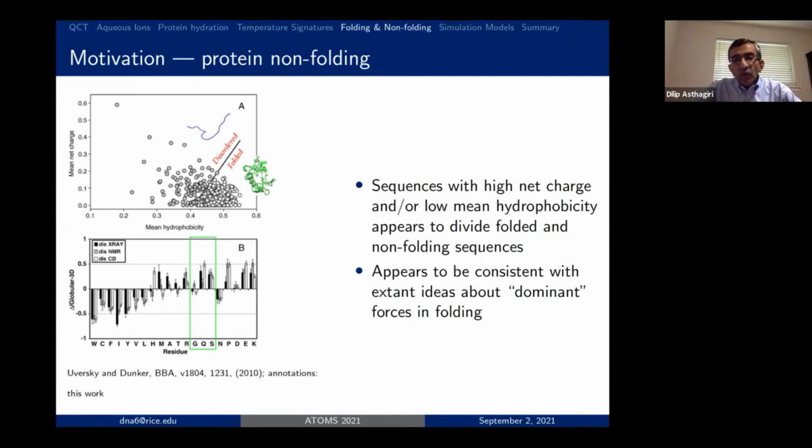What Uversky and Dunker showed, and all this argument is based on the standard picture going back to Kauzmann on dominant forces in hydration and protein solution thermodynamics, is the typical way to see this: mean charge versus mean hydrophobicity. And they see this beautiful trend. There is a partitioning, at least to the eye, between disordered and folded structures.